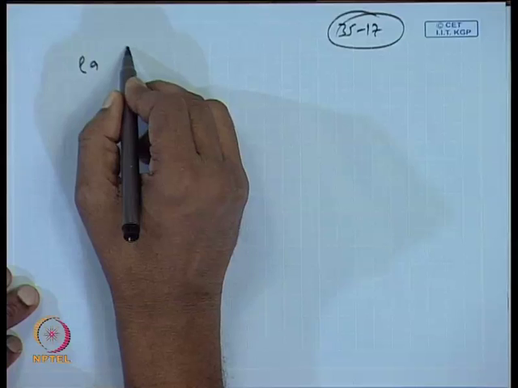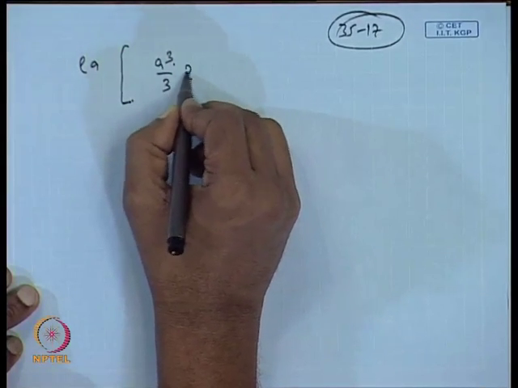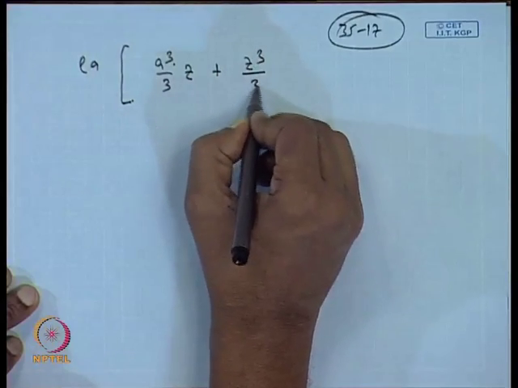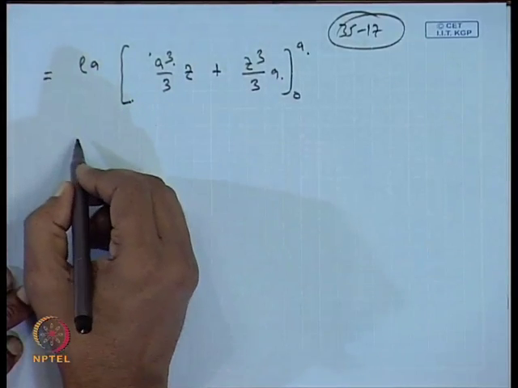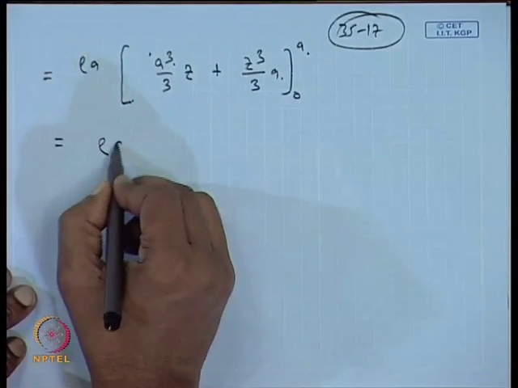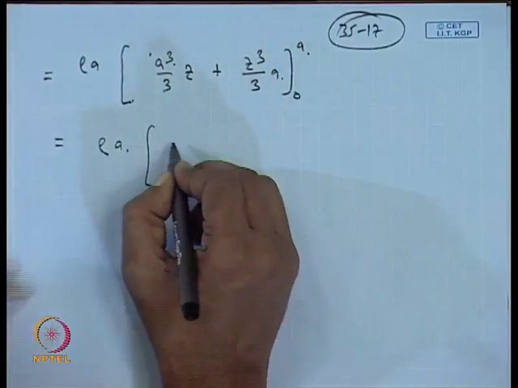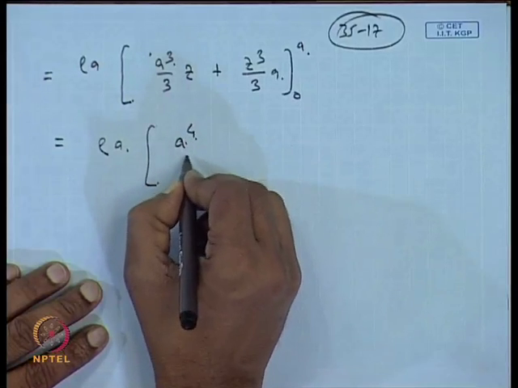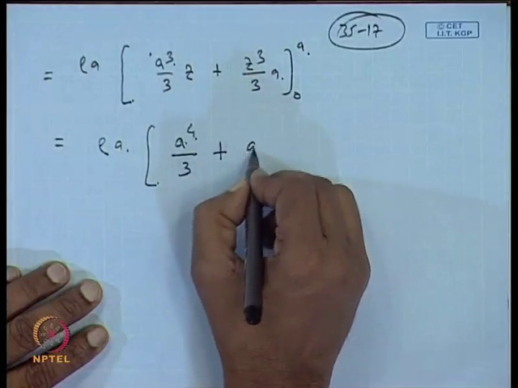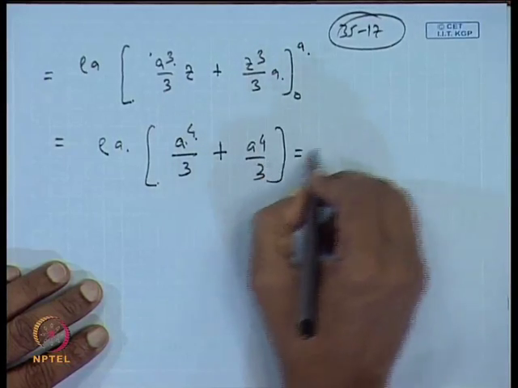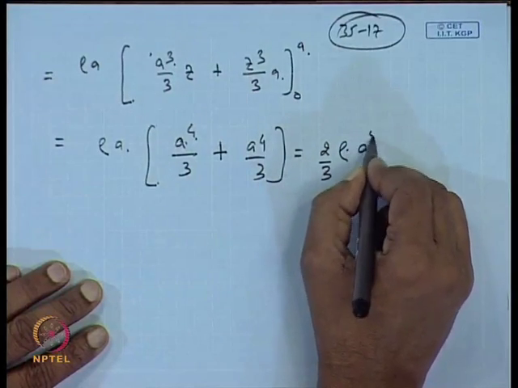So, after integrating, this will yield a cube by 3 z plus z cube by 3 a, and putting z is equal to a and putting these limits, what we get here is a to the power 4 by 3 plus a to the power 4 by 3. So, this is basically 2 by 3 a to the power 5.